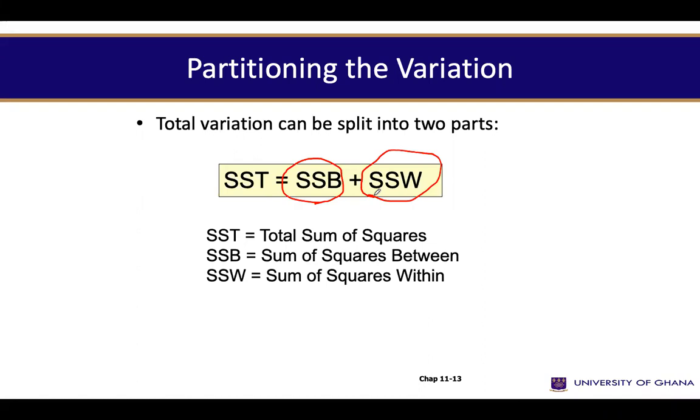So we expect that there should be much more difference between NDC and NPP than the variation that exists within NPP itself and within NDC itself. You get it? Okay.